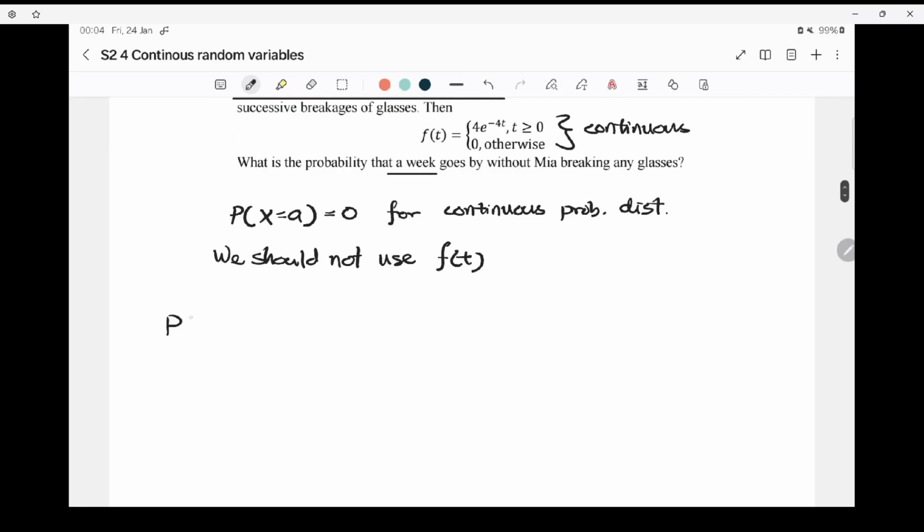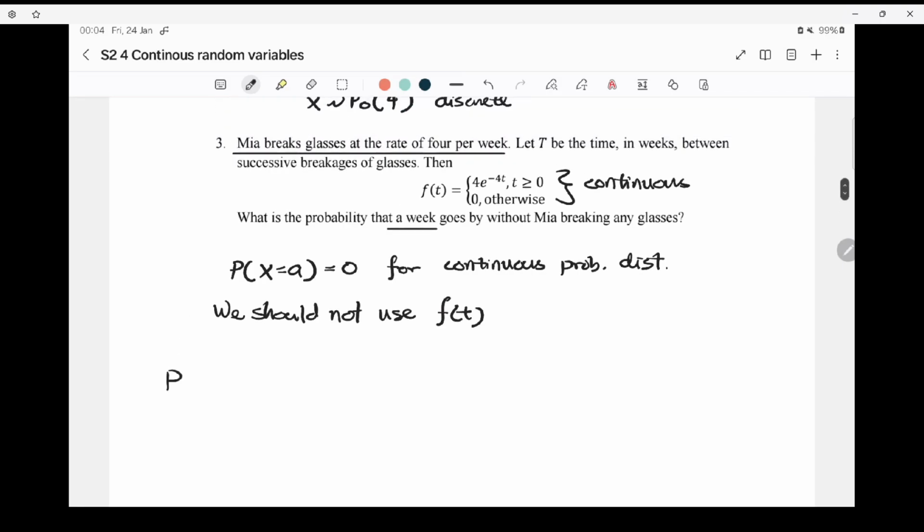So if you break 4 per week, what you're asking is you break 0, you need to find the probability of Mia not breaking anything within the week.